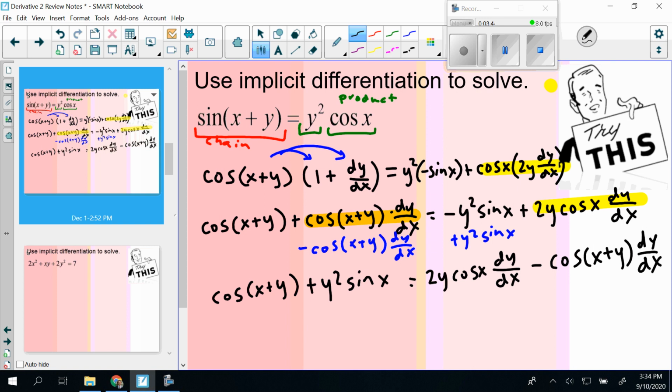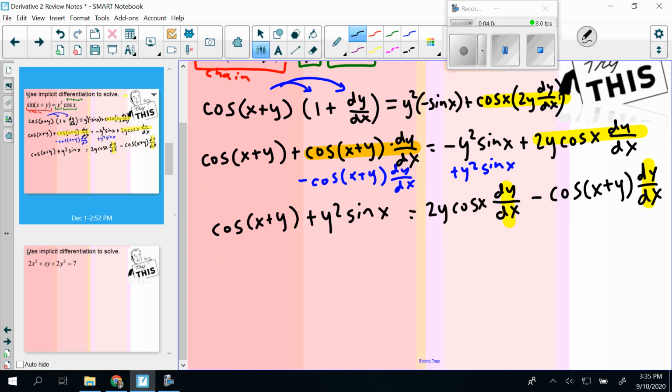Okay, now here's what's different about this one that we haven't seen in the other previous examples. There's two derivative terms here. To get rid of those derivative terms, or to solve for them, we only need one. And how do we accomplish that? Factor it out. So anytime you're unable to just solve for it right away, you're going to have to factor it out and write out what's left here.